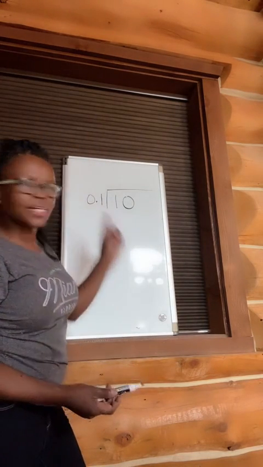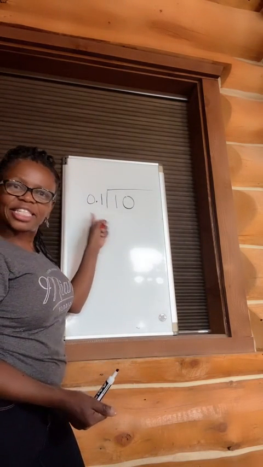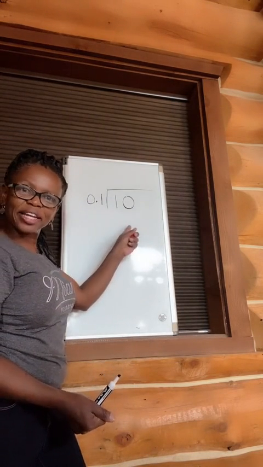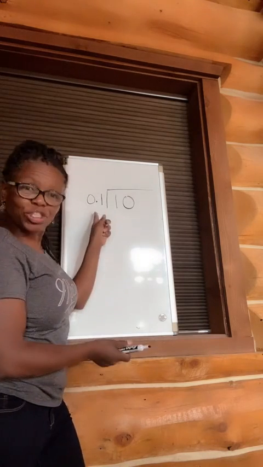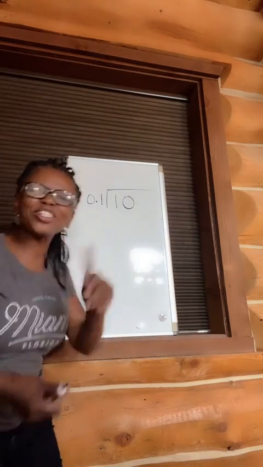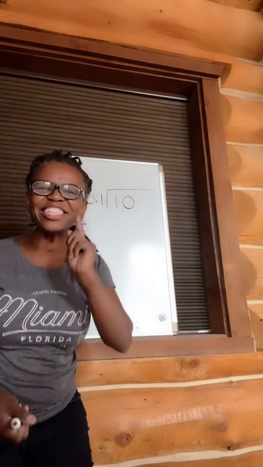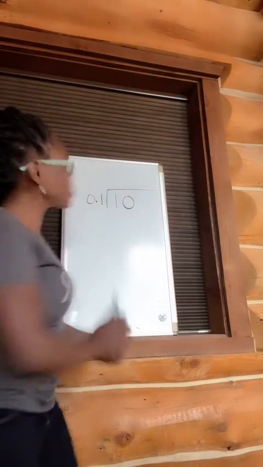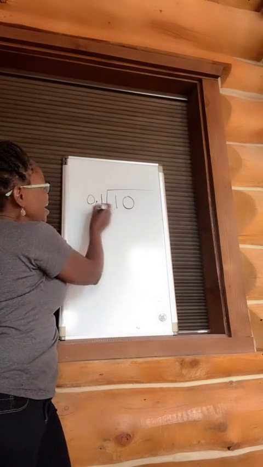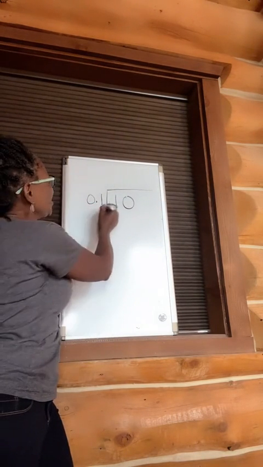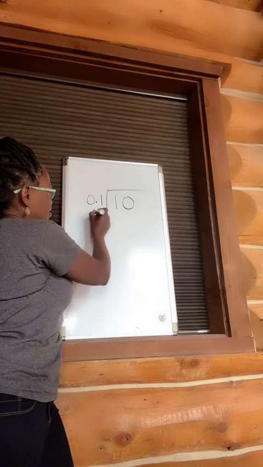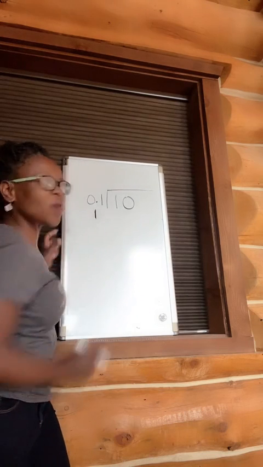Whenever I see something like this, a decimal divided by a number, the first thing I want to do is change this to the whole number. The number one thing is to change it to a whole number. This one here. And what whole number can we change this to? We can change this to a 1.